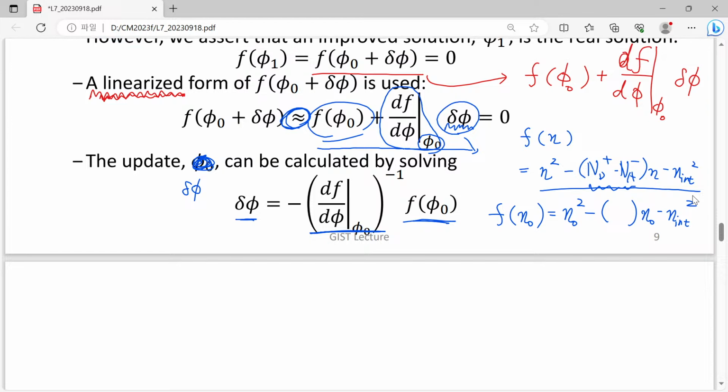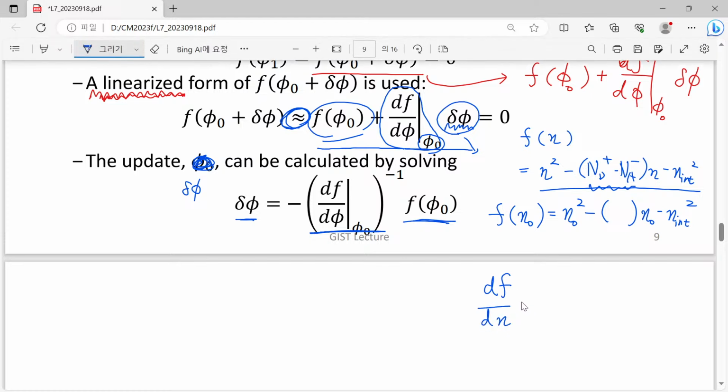Then another one is the first derivative. The first derivative can be calculated as 2 times n minus Nd plus, minus Na minus. So when we evaluate f and f prime at n naught, we have this form.